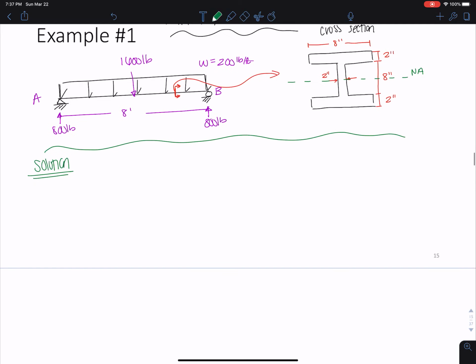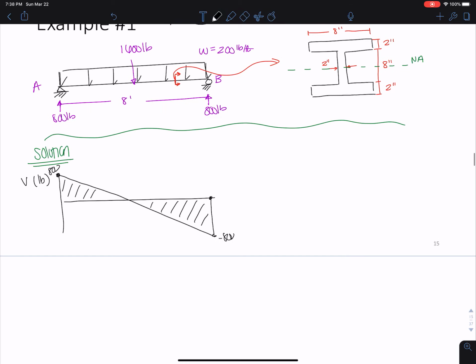So the first step is to draw the shear diagram. Pretty simple for this. We're going up 800, straight line because we have a constant distributed load. And then we get pushed back up to 800 here. So this is 800, this would be negative 800.